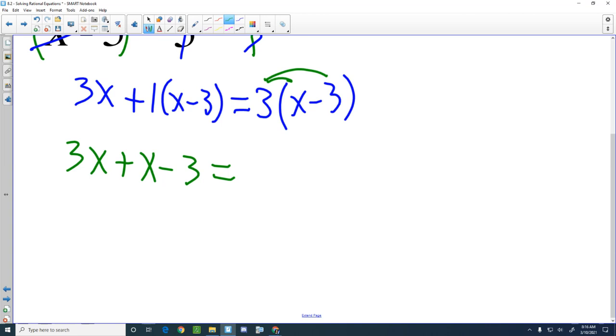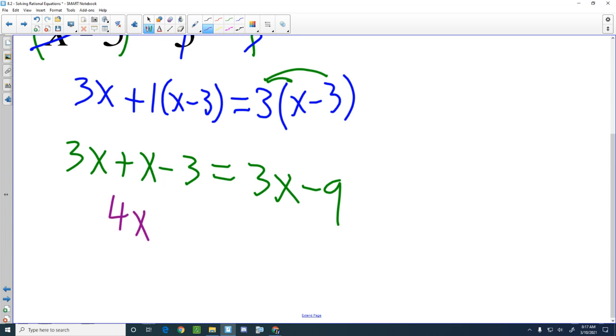Like half the students I looked at just wrote a negative x plus 3 or something weird like that. Just basic distribution, right? 3 times x is 3x. 3 times negative 3 is negative 9.